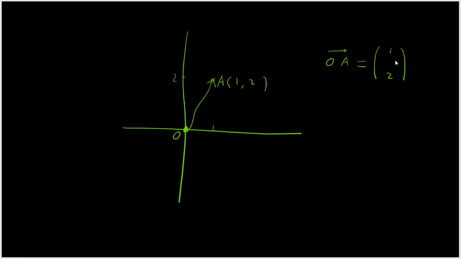So basically, these two numbers, when talking about vectors, we call them components. Okay. I'm going to give you the names. This one is called the first component. And this number is called the second component.